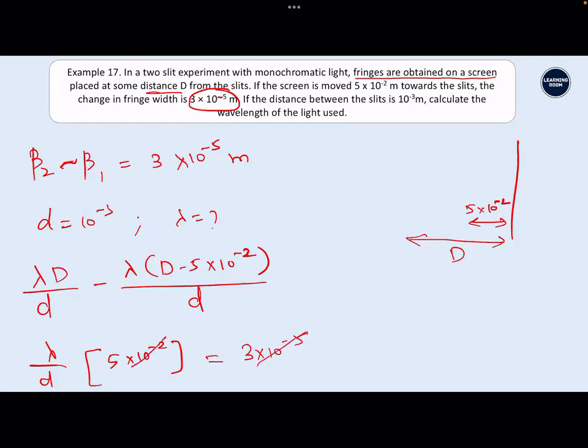So this is 10 power minus 3. It is 0.6. One minute, I'll finish this.